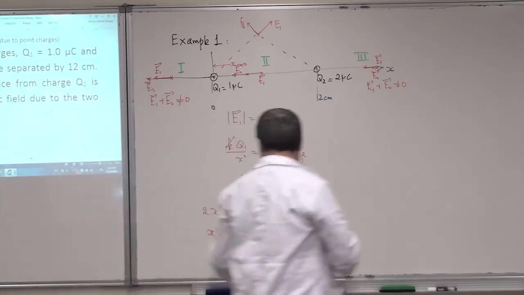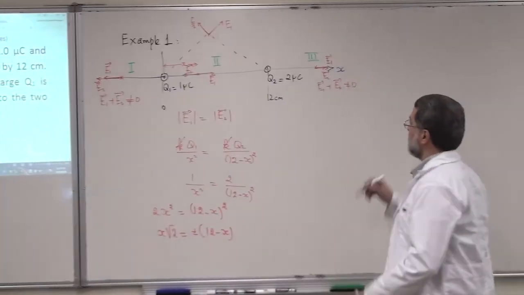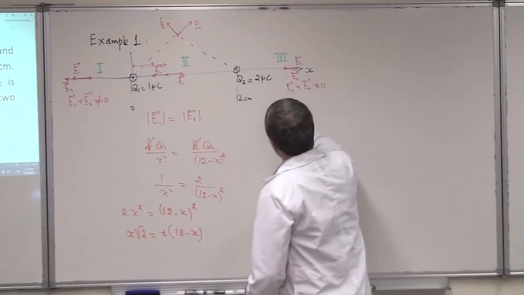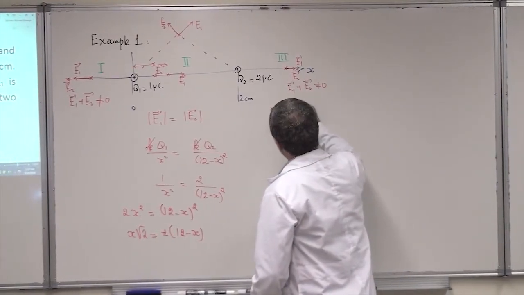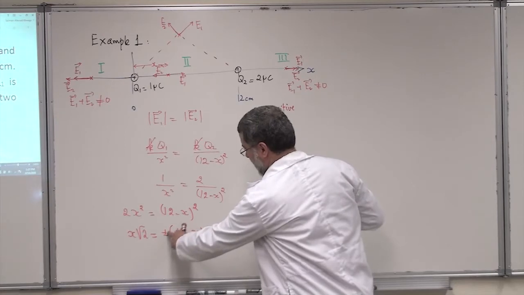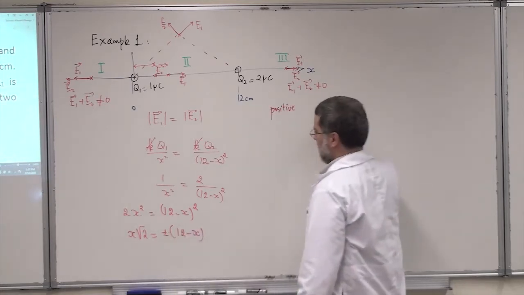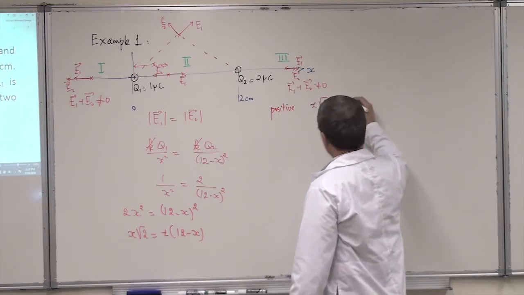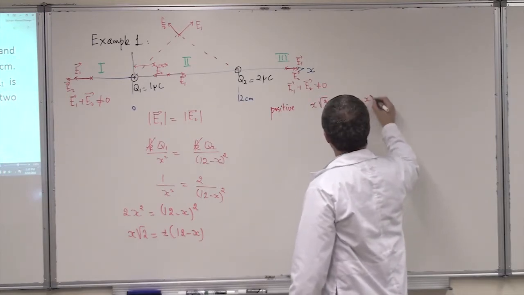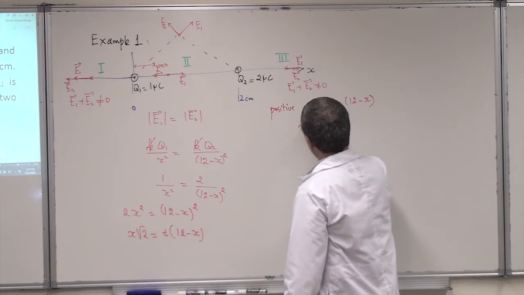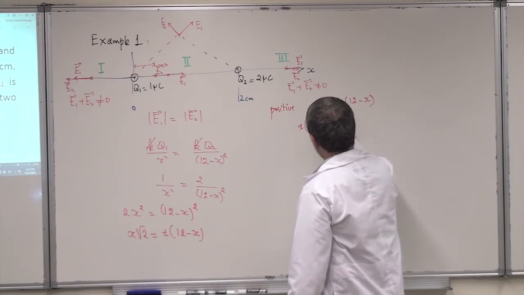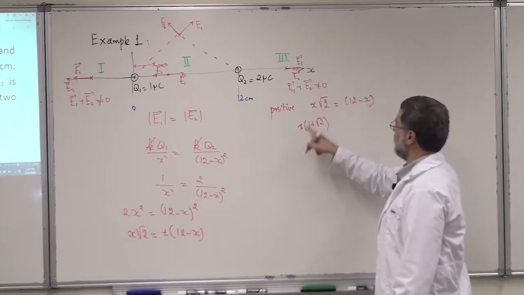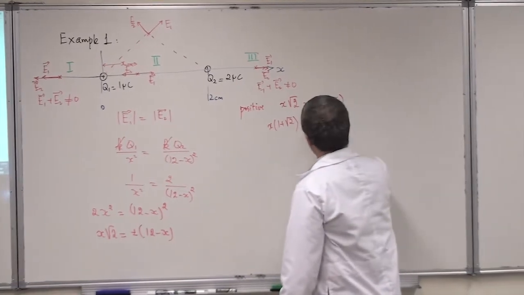So you have two solutions here. Let's look at the positive solution, the plus sign there. So we'll have x square root of 2 equal 12 minus x. So I will have x, 1 plus square root of 2, I bring this to this side and make the common factor x equal 12.